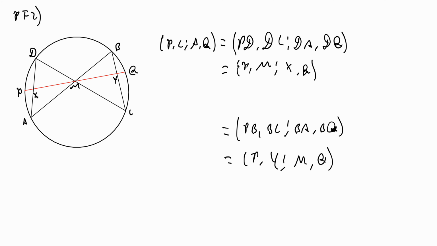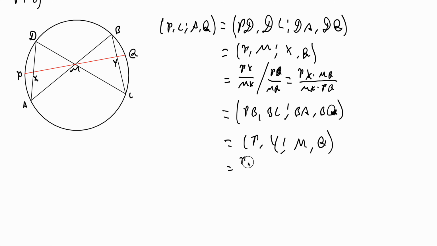So this ratio is equal to PX over MX divided by PQ over MQ. This is Q. So this is equal to PX times MQ over MX times PQ.